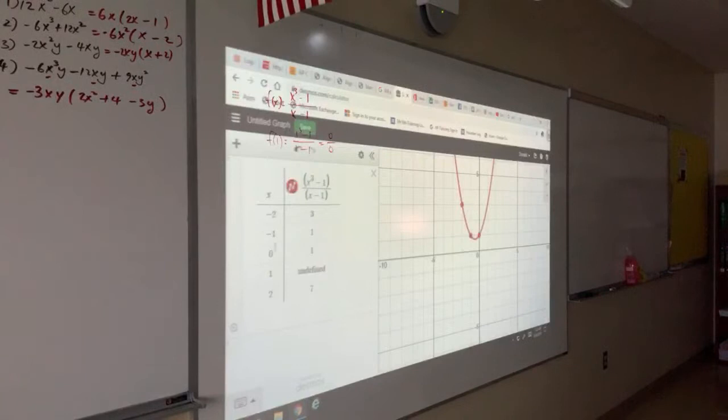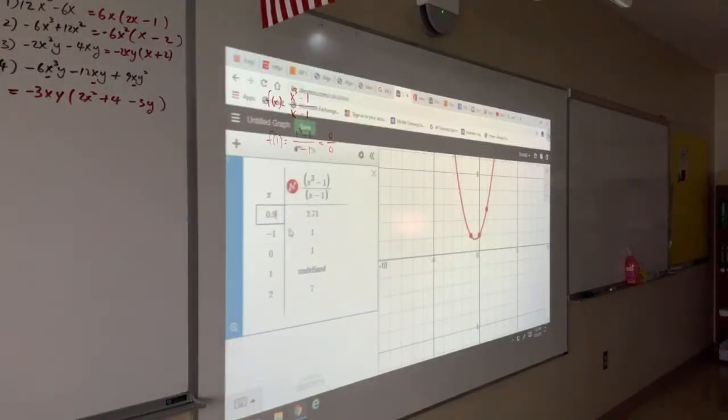So we're gonna erase all this. We're gonna say 0.9, and we get a y value of 2.71. Do you see that? Then what's a value that's closer to 1 than 0.9? Pick another 9, right?